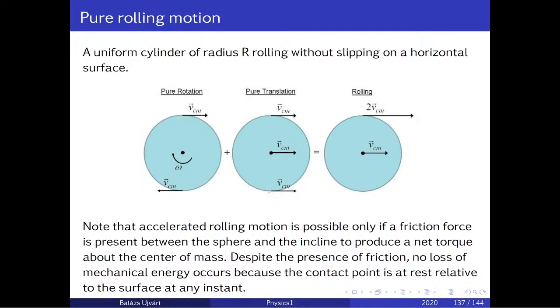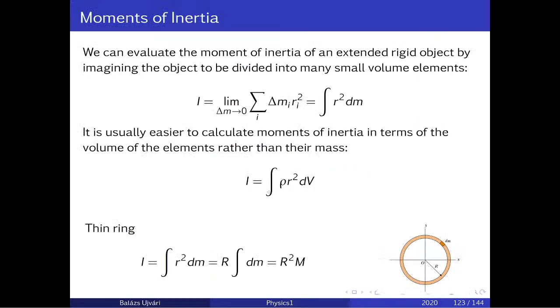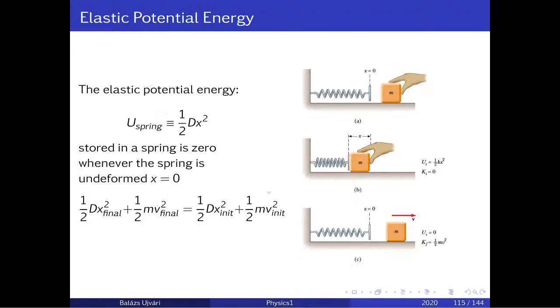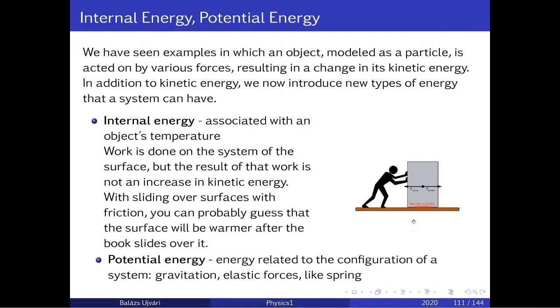Let's go back till here. So what does friction mean? Just a minute. In translation, friction means some part of our work, or some part of the potential energy, will transform into heat, into internal energy.